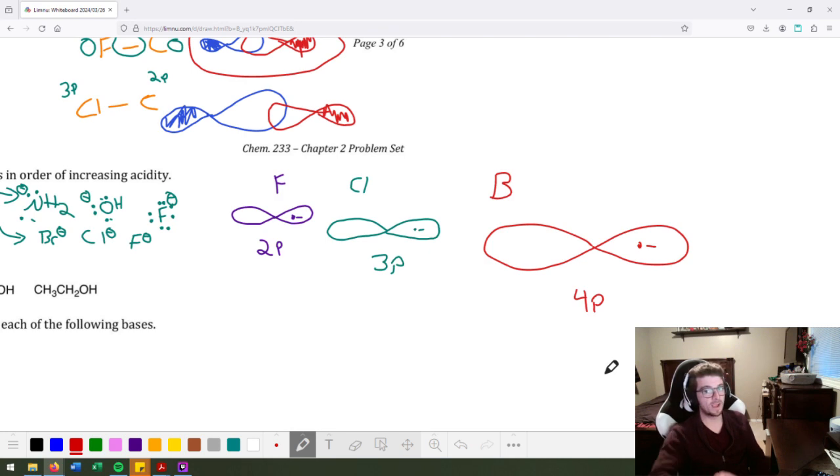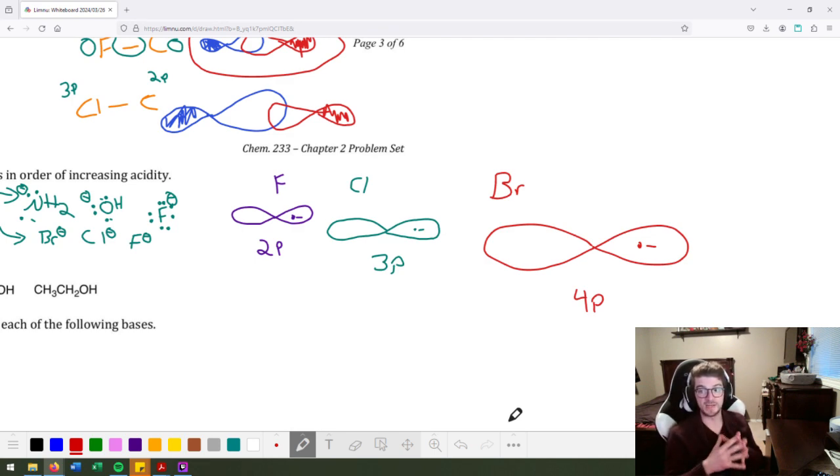So the -1 charge is in orbitals of different sizes.